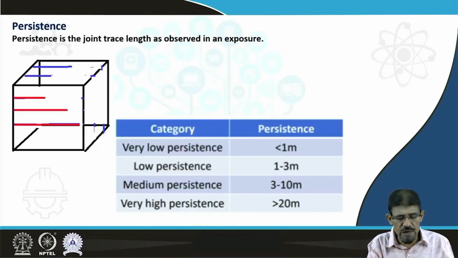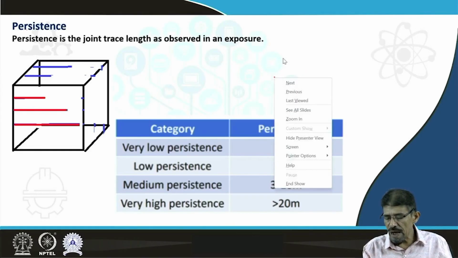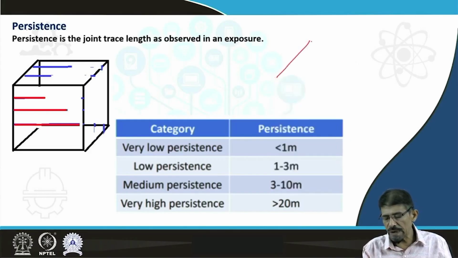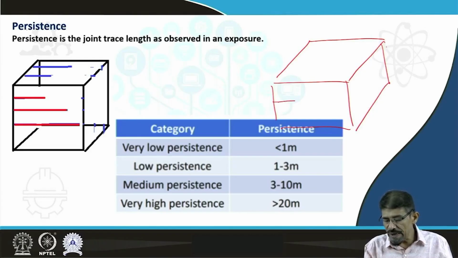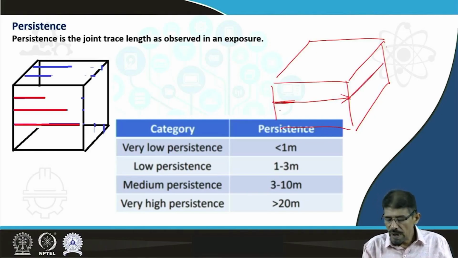Next parameter is persistence. If you see any rock strata or any block in 3D, the joint may extend up to this distance, may traverse through this zone, may be limited to some 50%, may be limited to only 25%, or limited to 5%.